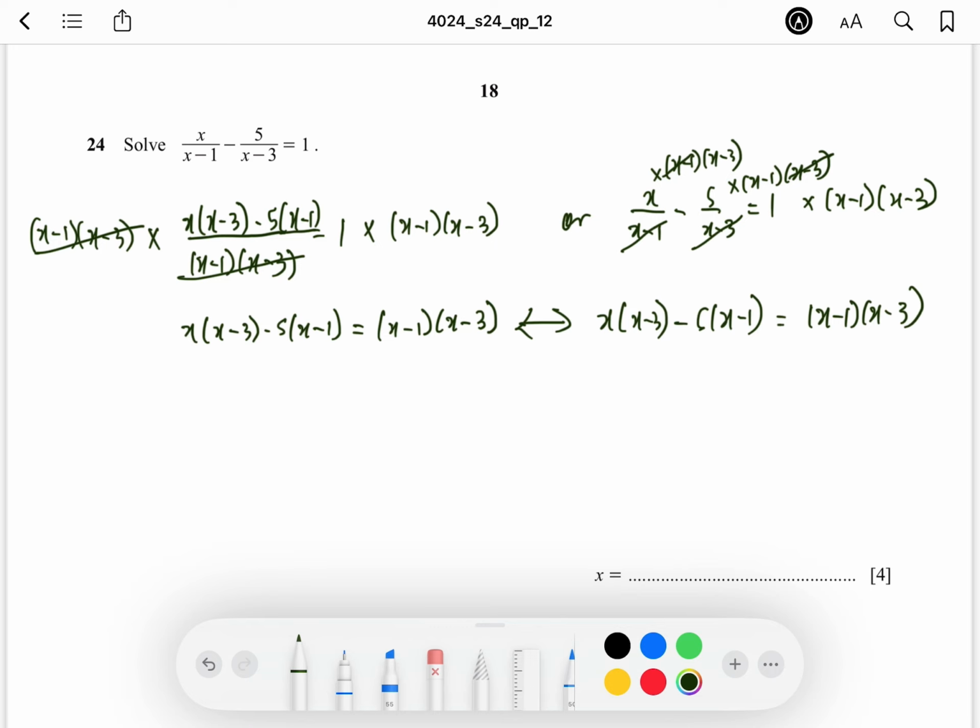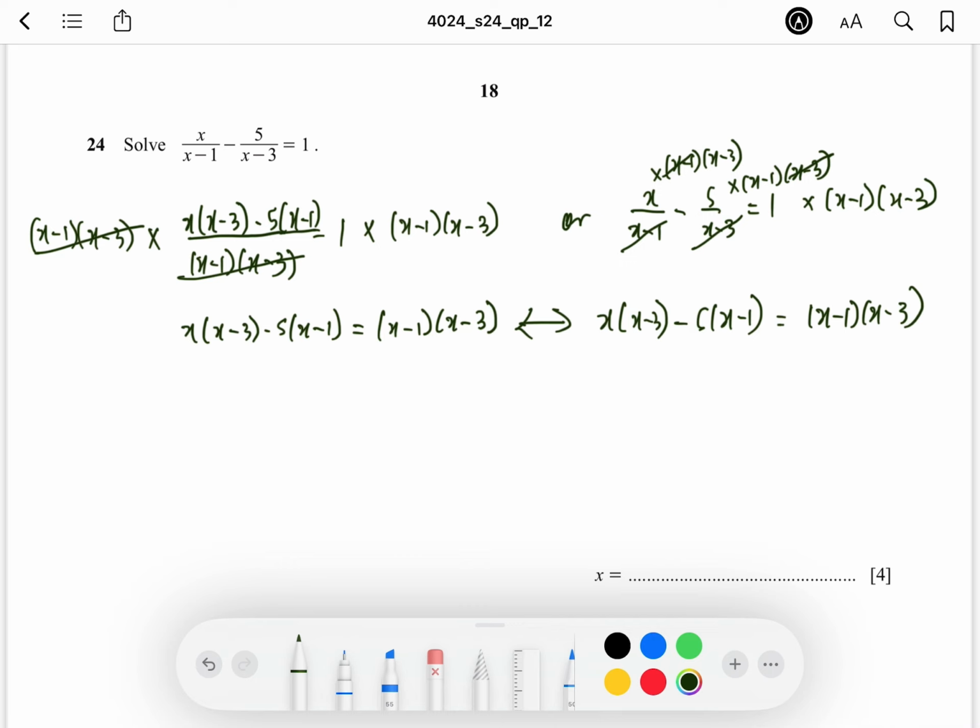Jadinya when you multiply tu kadang-kadang tercancel saja, tinggal x minus 5 saja. That usually happens. So be careful with that one. Okay. So either way, you need to expand.